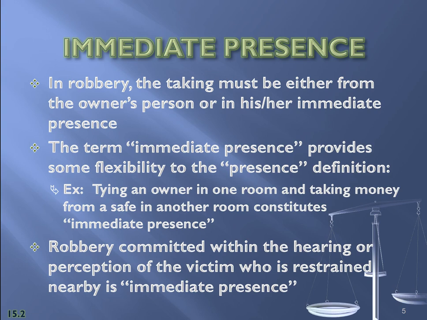So there's a couple of different case laws that give some different variations, but when you talk about immediate presence, we have a little bit of flexibility. Now, robbery committed within the hearing or perception of the victim who is being restrained nearby is also considered to be immediate presence.